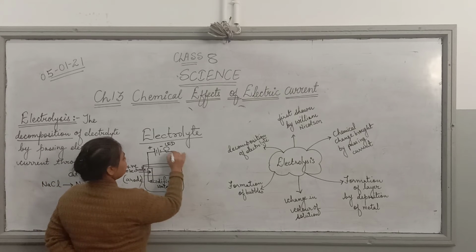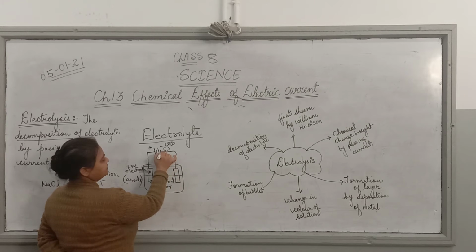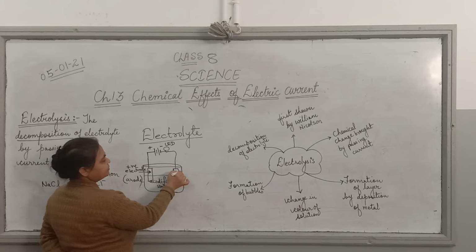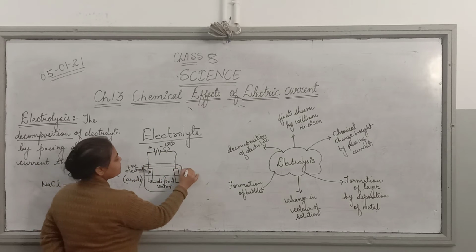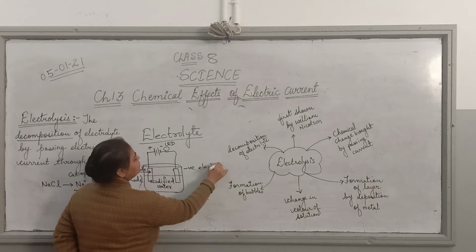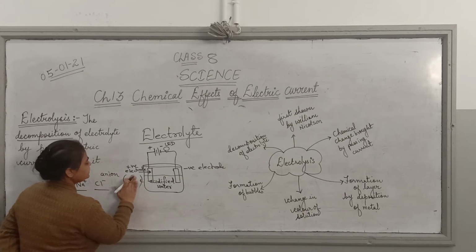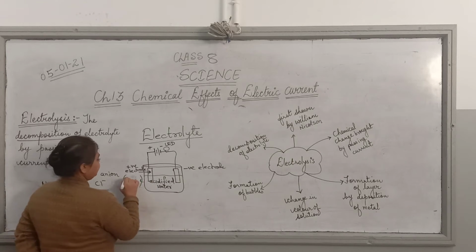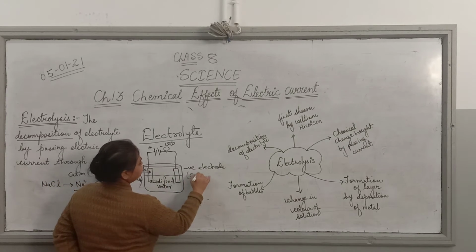The second electrode is connected to the negative end of the battery, and so this is called the negative electrode. I'm sorry, this one is the cathode and, no, anode is correct here, anode, and this is cathode.